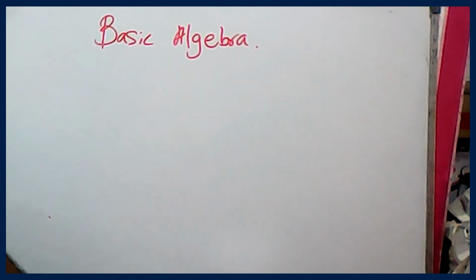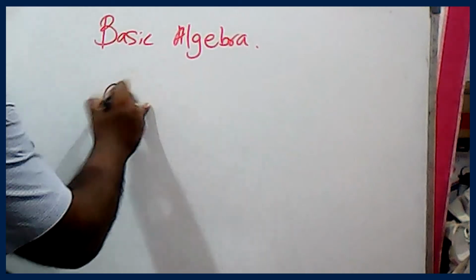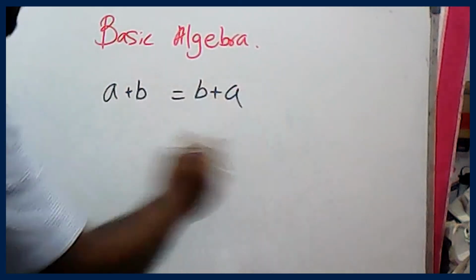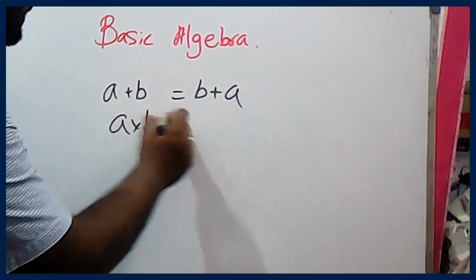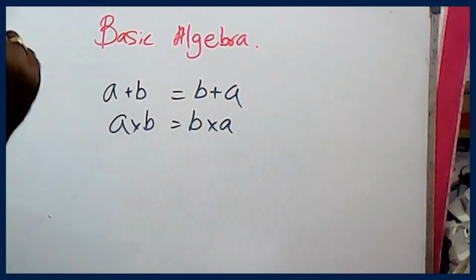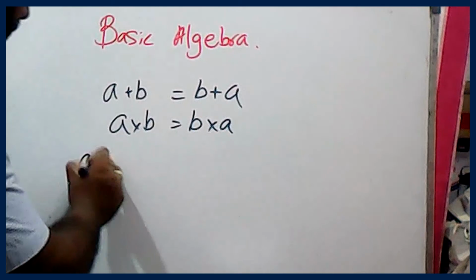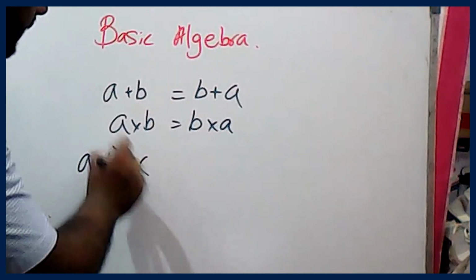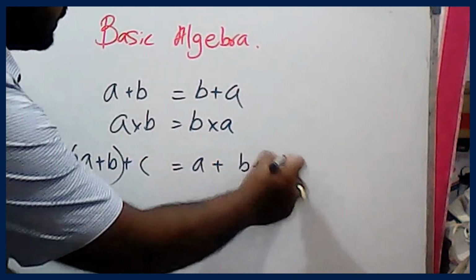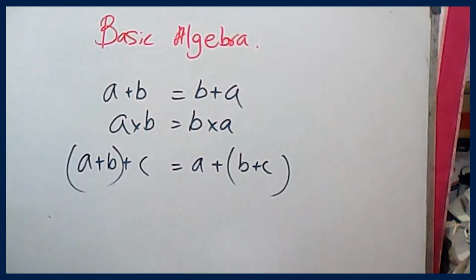Very basic algebra, you know, a plus b is equal to b plus a. a into b is equal to b into a. So these are basic algebra. a plus b plus c is equal to a plus b plus c, right?